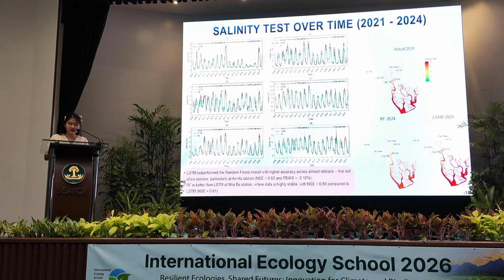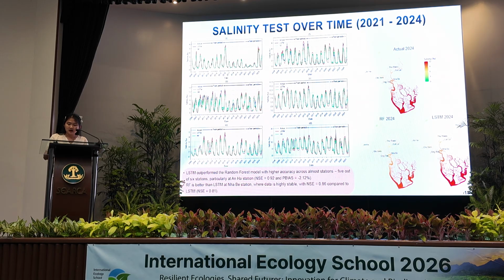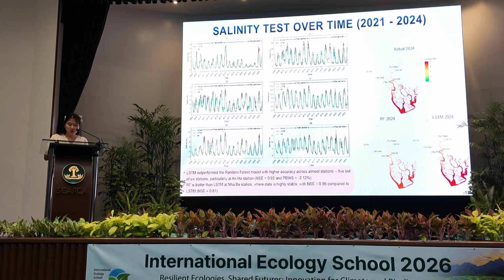The prediction highlights the growing threat of saltwater intrusion under the impact of climate change and provides important scientific evidence, helping water resource managers develop effective adaptation strategies for Ho Chi Minh City.